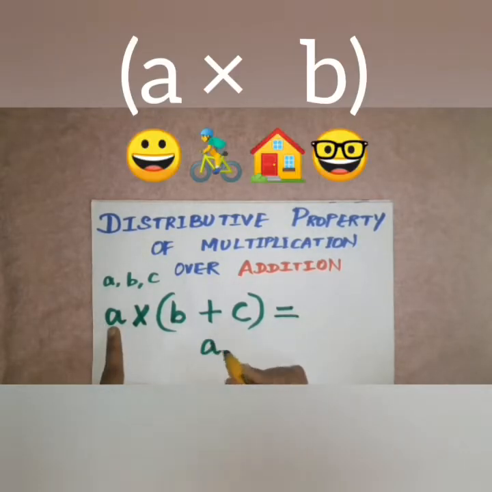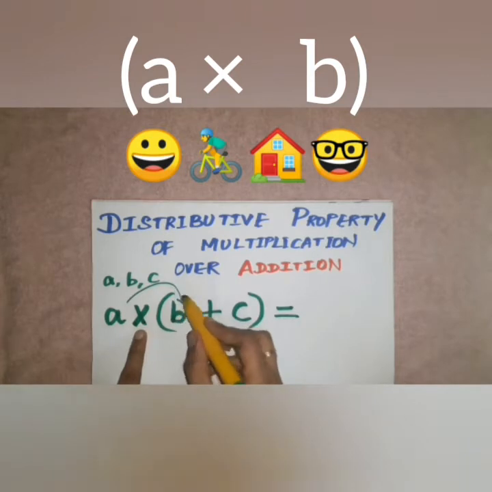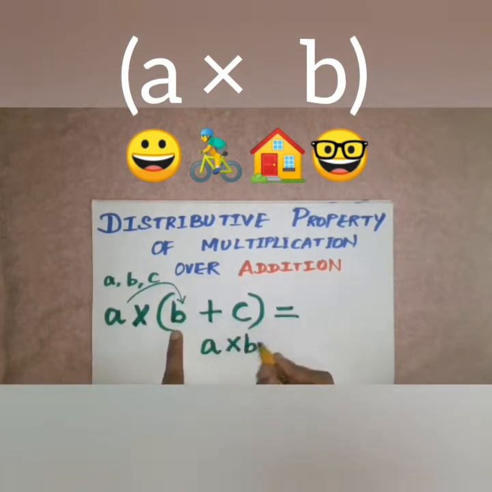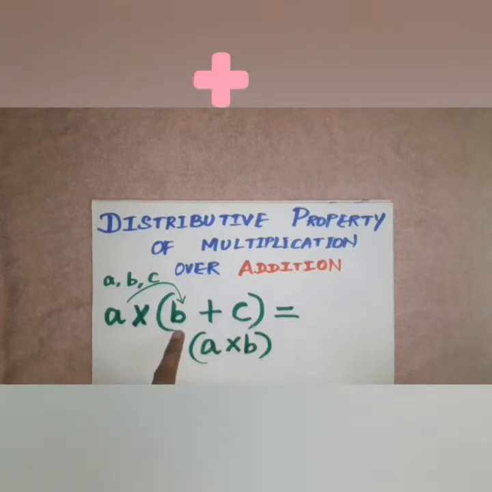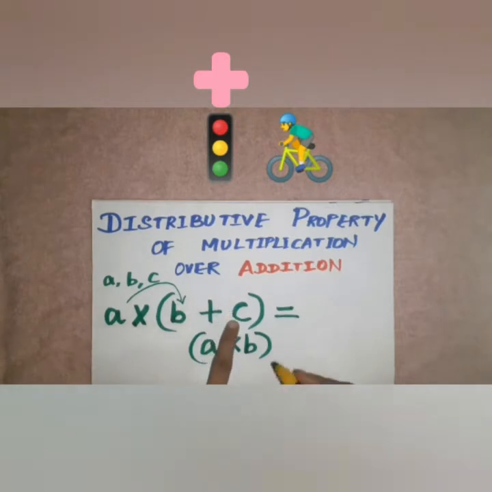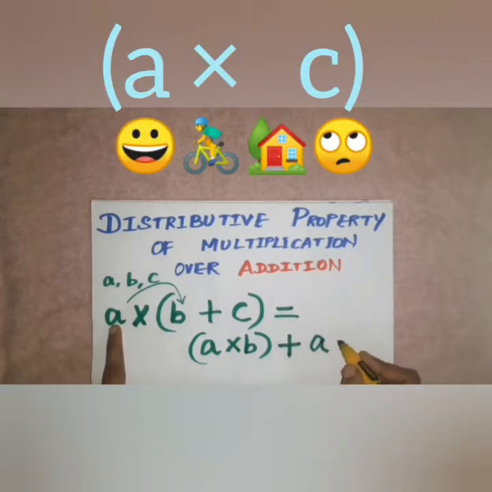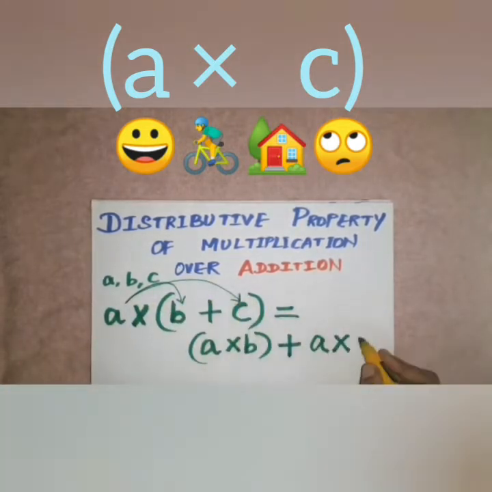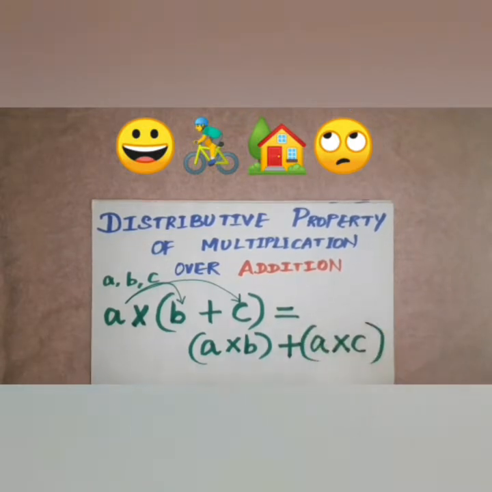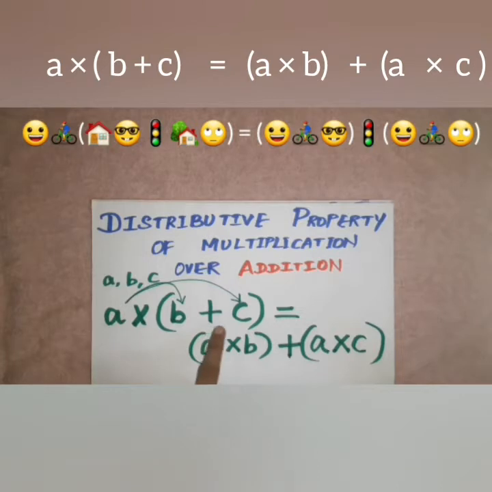Friend A takes his bicycle, that is into, and goes and meets his friend B, A into B. Then after meeting B, A crosses over the signal, and again with his bicycle goes and meets friend C. So that's why A into (B plus C) is equal to A into B plus A into C.